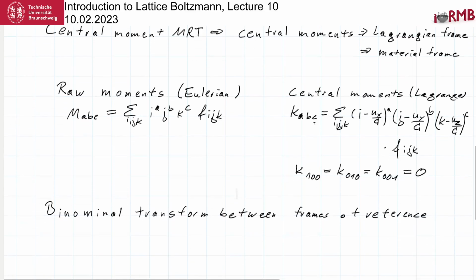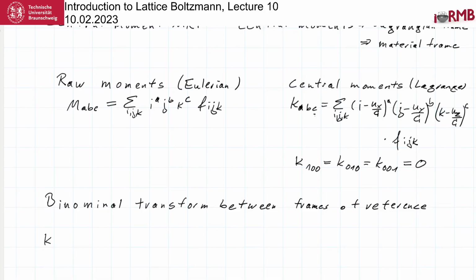So if you have the one moment, you can compute the other moments. K_abc can now be written like this.